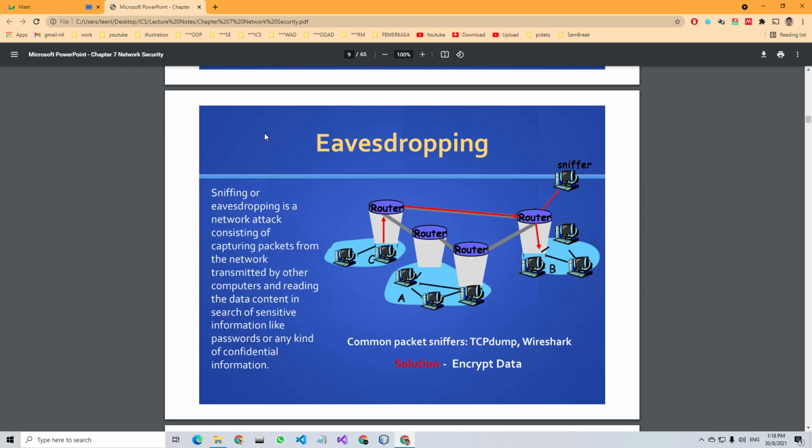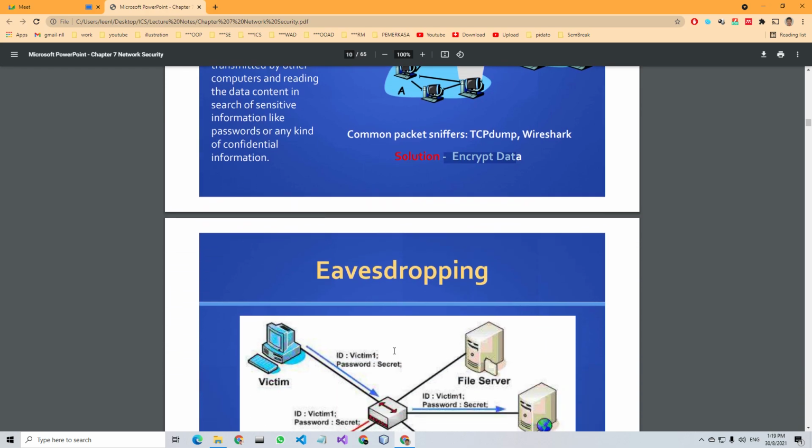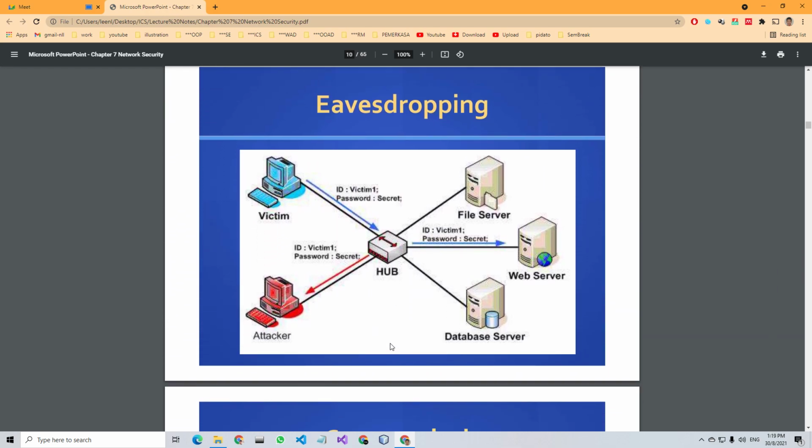This happens typically when the user connects to an unsecure network. When data is transmitted over an open, unsecure network, it gives attackers the opportunity to intercept the data using various methods.